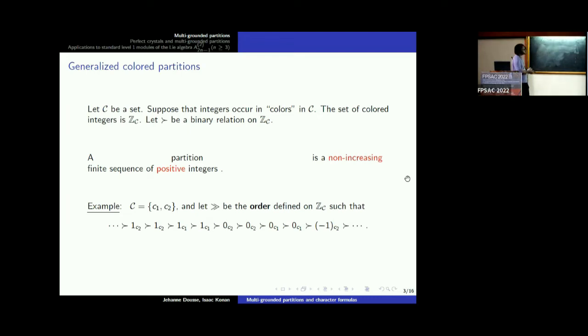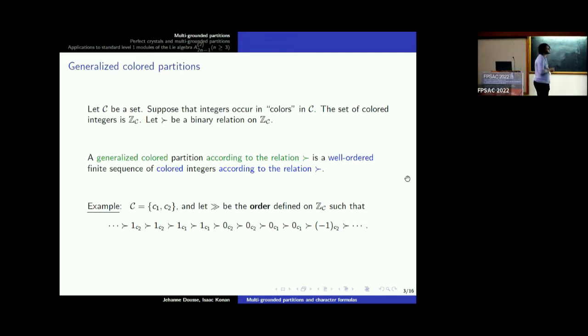By introducing the notion of colored integers and the binary relation, we slightly modify the definition of a partition. A generalized color partition, according to the binary relation that we introduced, is a well-ordered finite sequence of colored integers according to the relation. So you have to take a finite sequence which is well-ranged according to the relation.